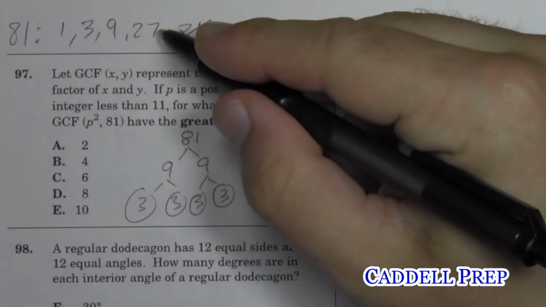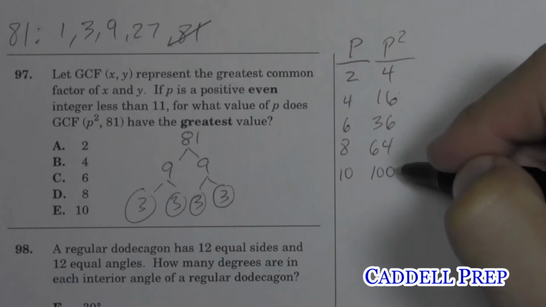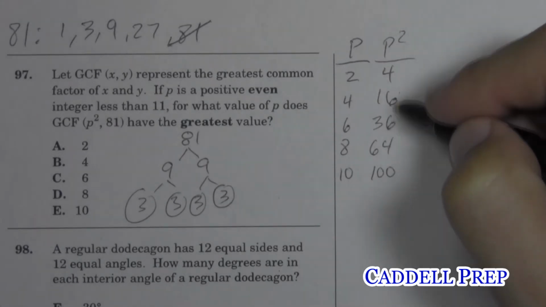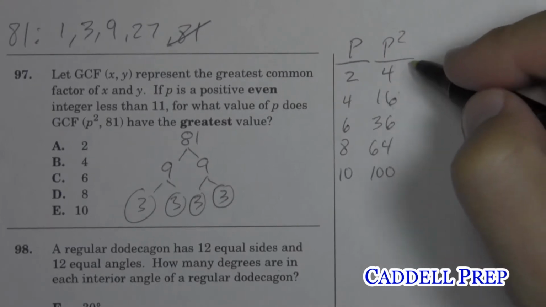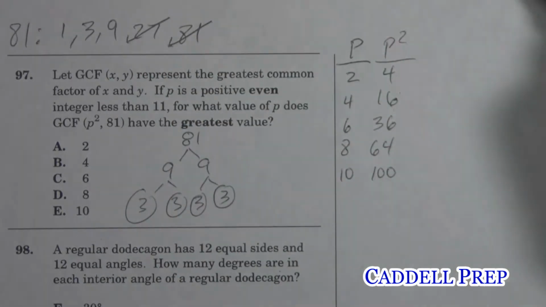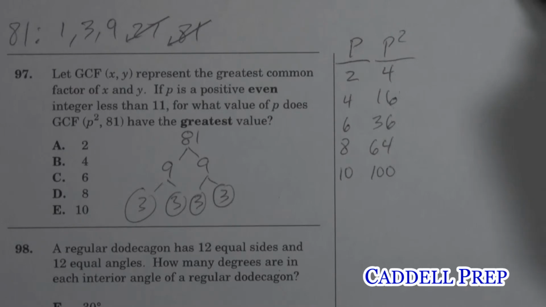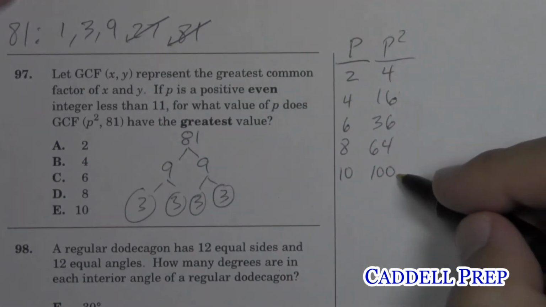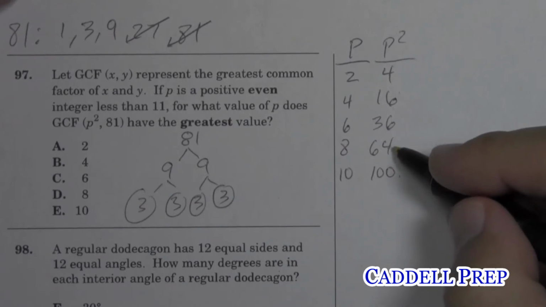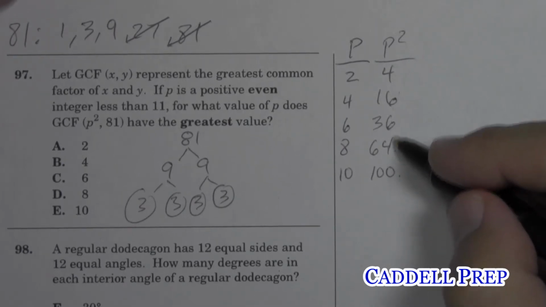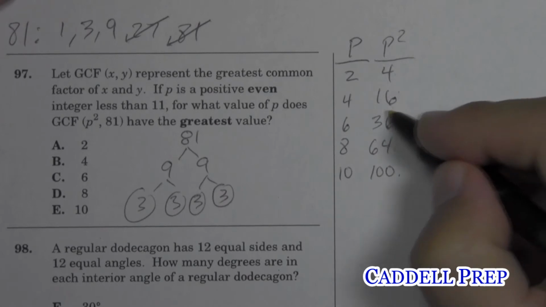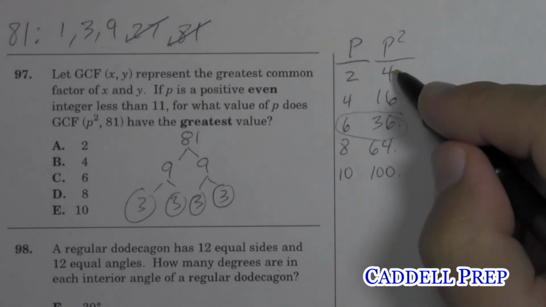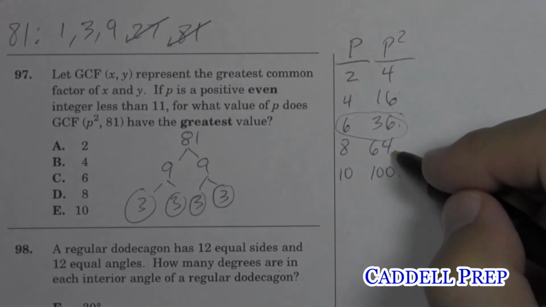What about 27? 27 doesn't go into 100, 64, 36, 16, or 4, so 27 isn't a possibility. So now we'll try 9. 9 doesn't go into 100, it doesn't go into 64, it does go into 36, it doesn't go into 16, and it does go into 4.